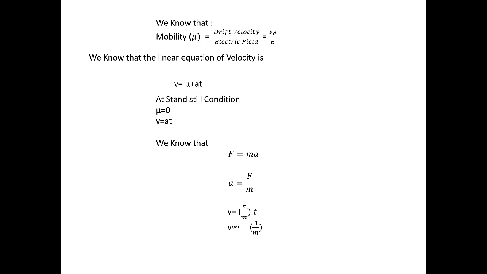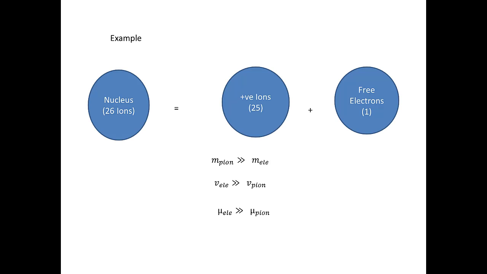Practically, in a nucleus, 90% of the ions are positive ions and only 10% are electrons. For example, I have taken one nucleus. This nucleus consists of 26 ions, but of these 26 ions, 25 ions are positive and only one electron is negative.